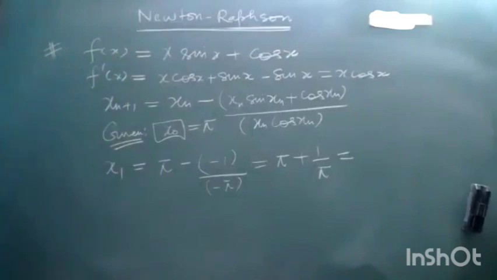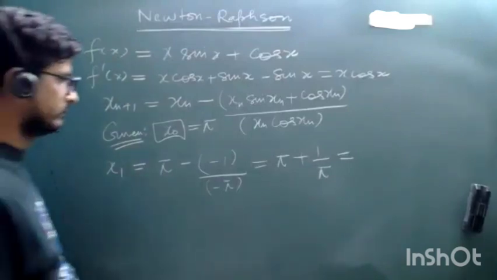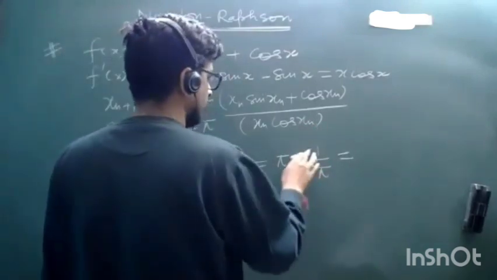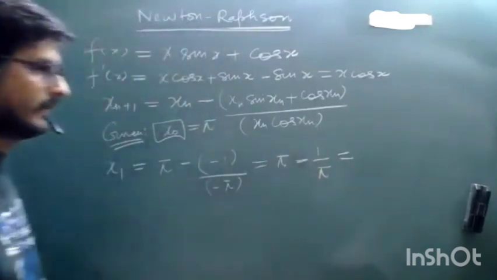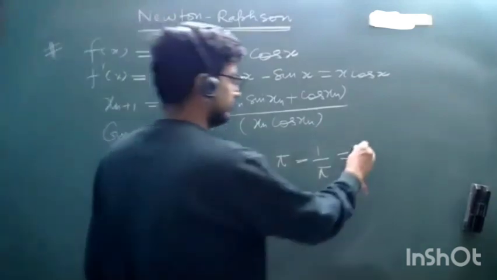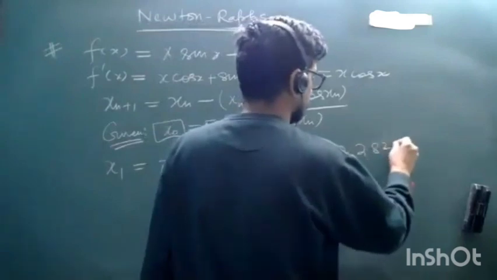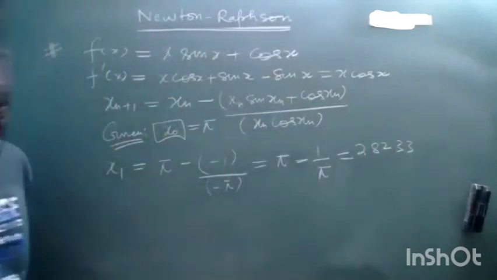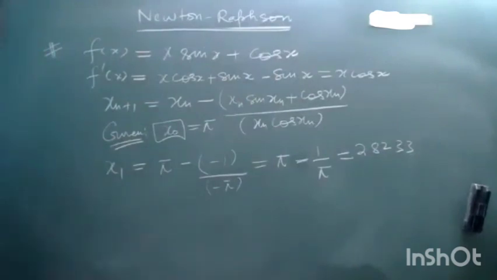Can you tell me? Pi minus 1 by pi, sir. Sorry, pi minus 1 by pi. And what will be the value? 2.8233.